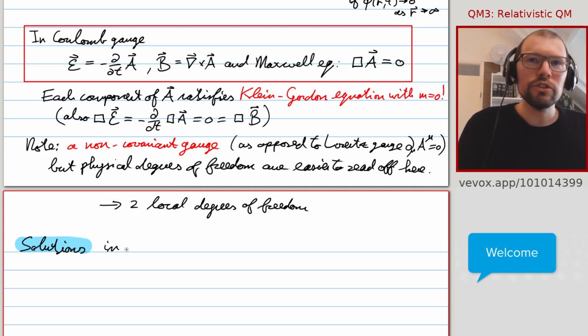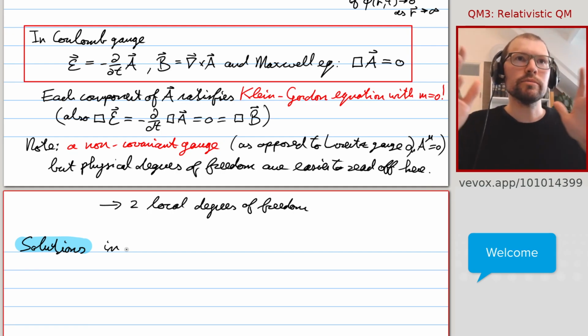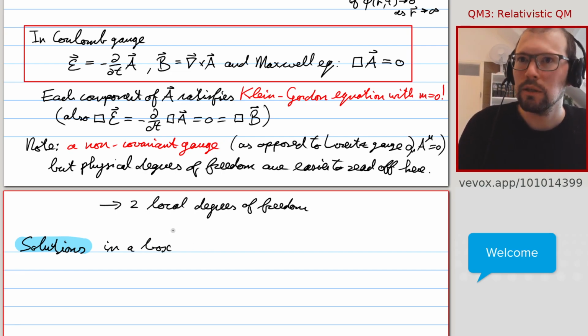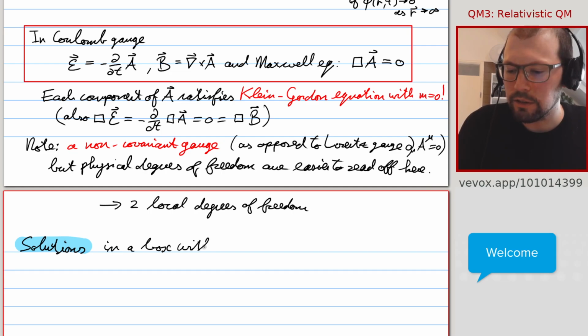And let's look at solutions in a bounded box, because then it's slightly easier to write down the explicit expansion. So in a box with periodic boundary conditions.